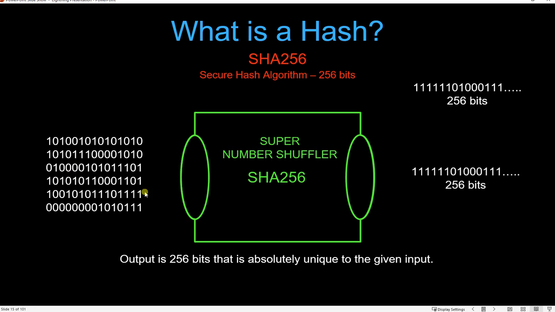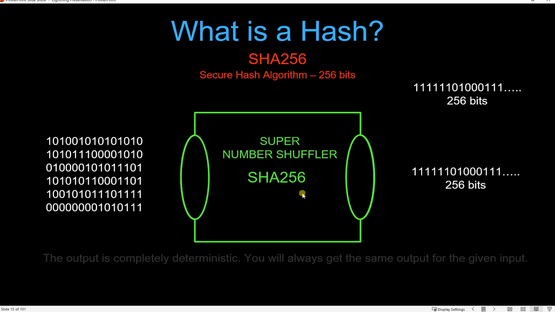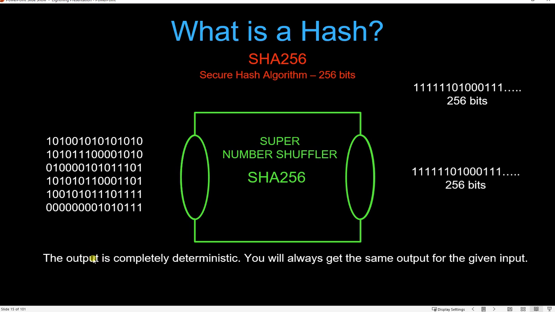If you were to change that data at all, add one more 1 or one more 0, you're going to get a completely different hash. So really, the output is completely deterministic. Deterministic means you can determine what it's going to be, always. Like the 0 will always give you the same string of 256 bits. You will always get the same output for a given input.